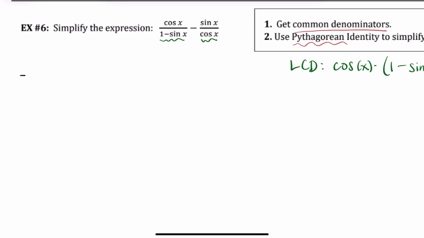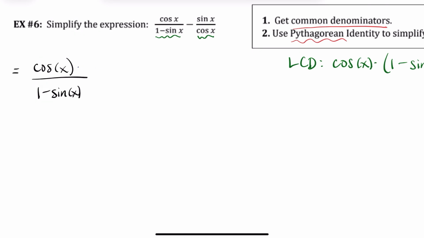For cosine of x over 1 minus sine of x, I need to multiply top and bottom by cosine of x. And for my second fraction, sine of x over cosine x, I need to multiply top and bottom by 1 minus sine of x.